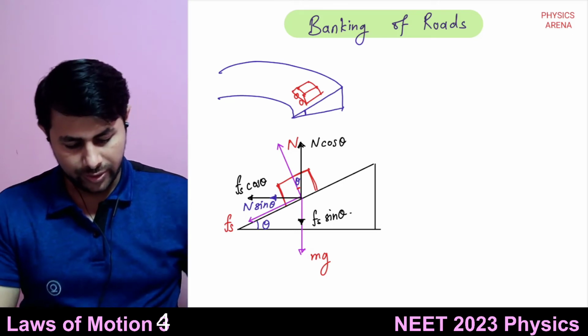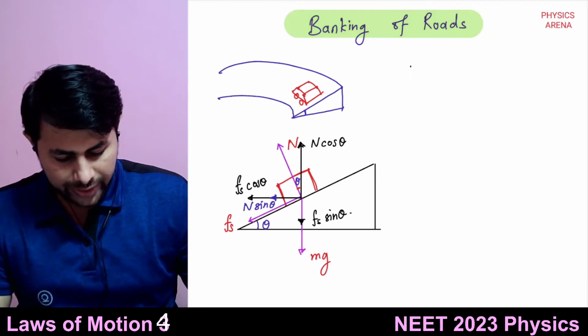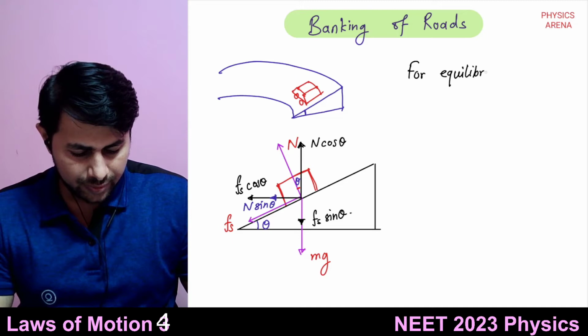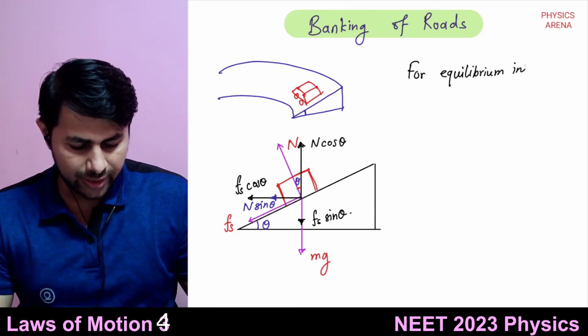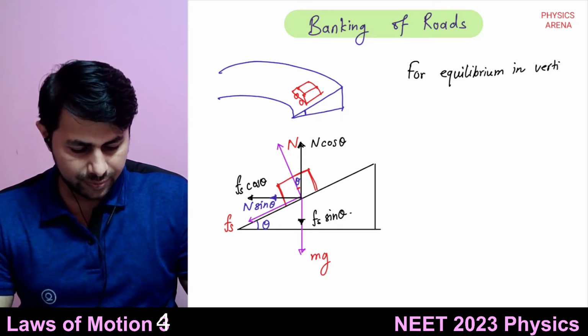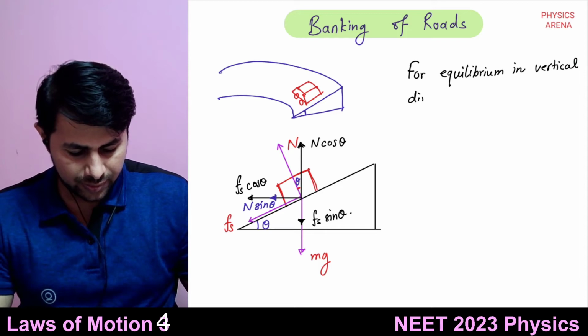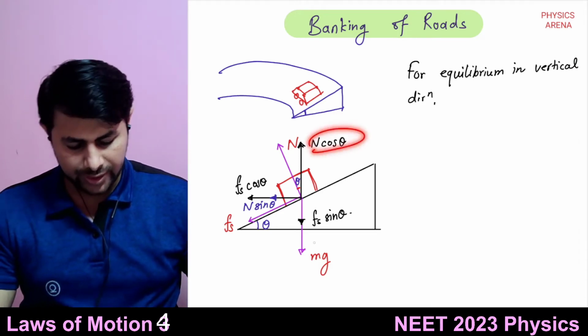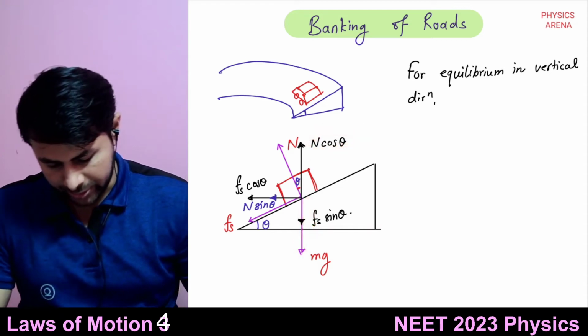Okay. So now for equilibrium in vertical direction, what can I say? Total upward force is equal to total downward force.